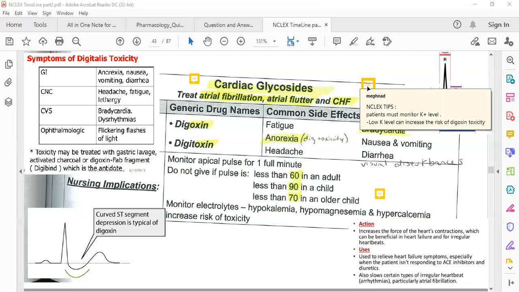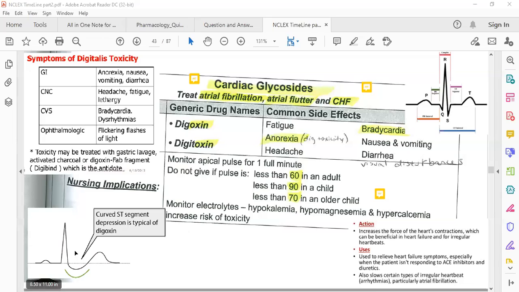What else? What are the EKG changes that occur? In this picture, we can see the normal EKG showing the P wave, QRS, T wave, P wave, QRS complex, and ST segment. This is a positive deflection, you see, up direction, up direction. But if the patient has digoxin toxicity, we can see the ST segment here.